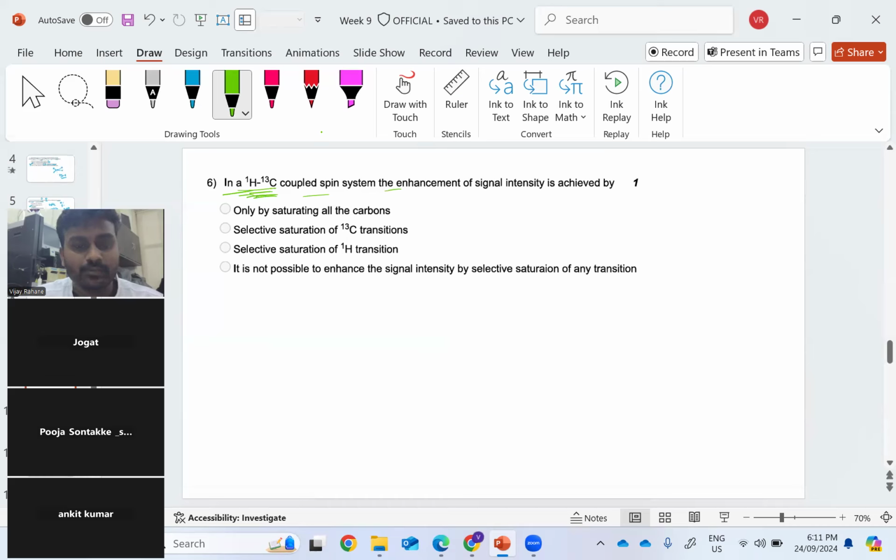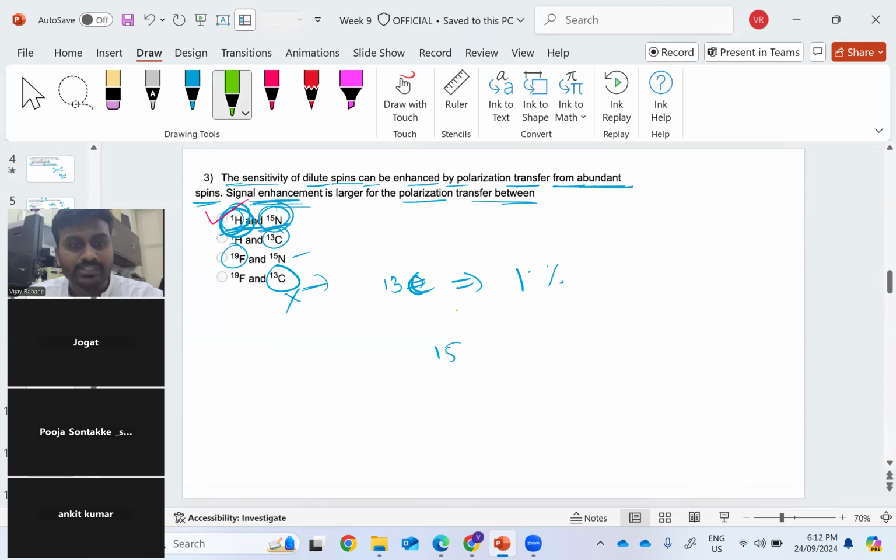But if you look at the 1H and 13C coupled spin system, here 1H is abundant, but 13C is not at all that abundant.